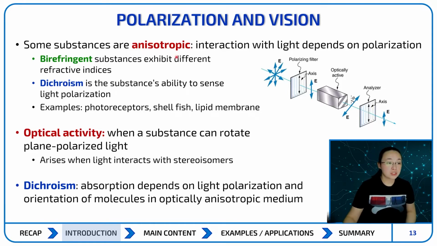There are birefringent substances, which exhibit different refractive indices. Birefringent substances have a refractive index that's fully dependent on the polarization and the direction of propagation of light. That's the definition of birefringent.